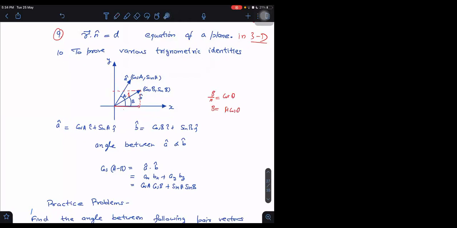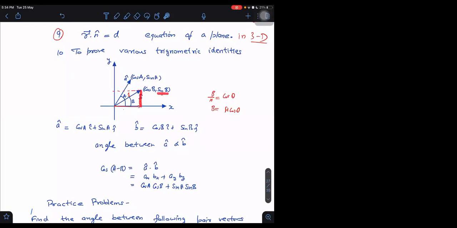The hypotenuse here is 1 unit, so the base will be cos B. Similarly, the y component will be sin B.